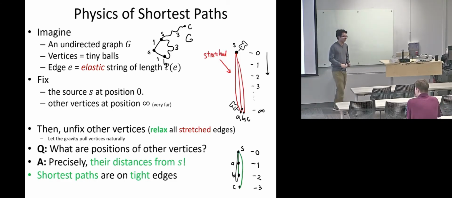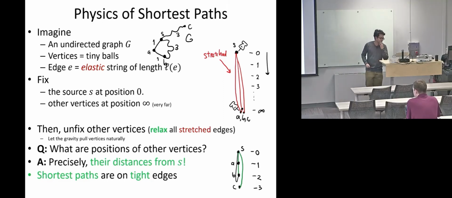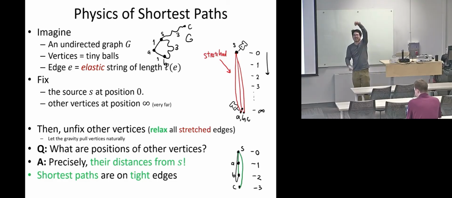So this is a nice physical process that gives you an intuition of what shortest path is. Just have a network of nodes, fix S, hang the network on the wall, and see where the position of every node is. That's the distance to S. Okay, make sense?